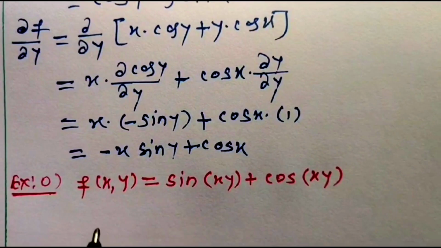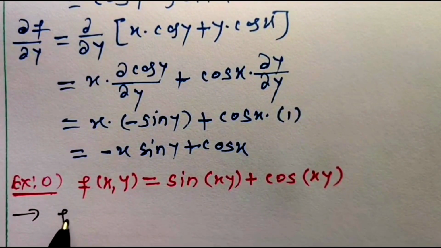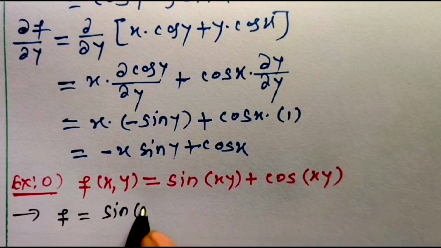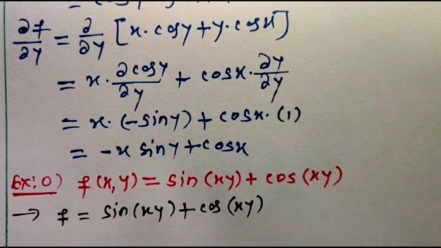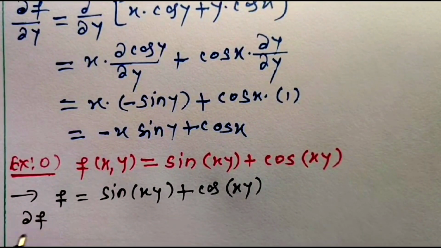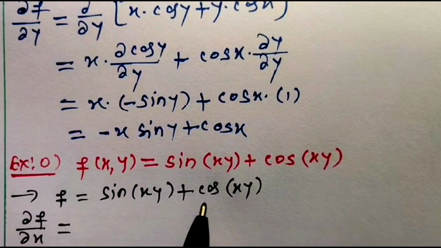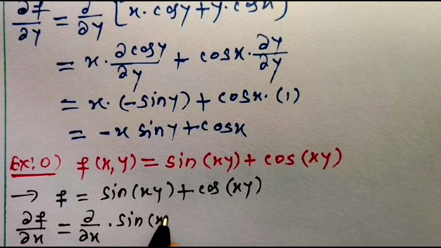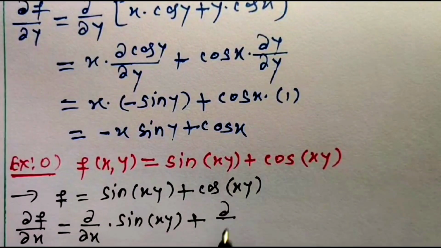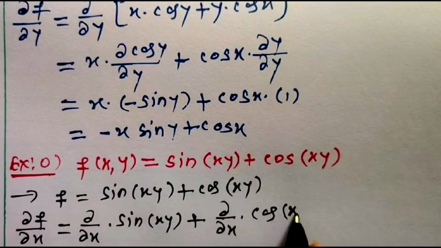Let us solve the next sum. Let f be equal to sin of xy plus cos of xy. Partially differentiate this with respect to x. Hence, partial derivative of f with respect to x is equal to, separately applying on each term, partial derivative with respect to x of sin of xy plus partial derivative with respect to x of cos of xy.